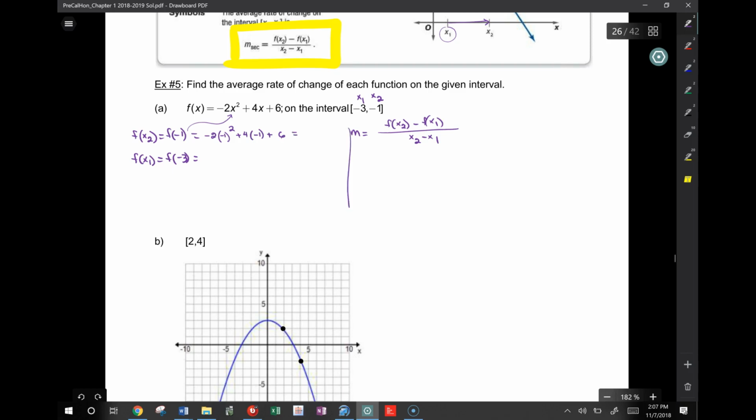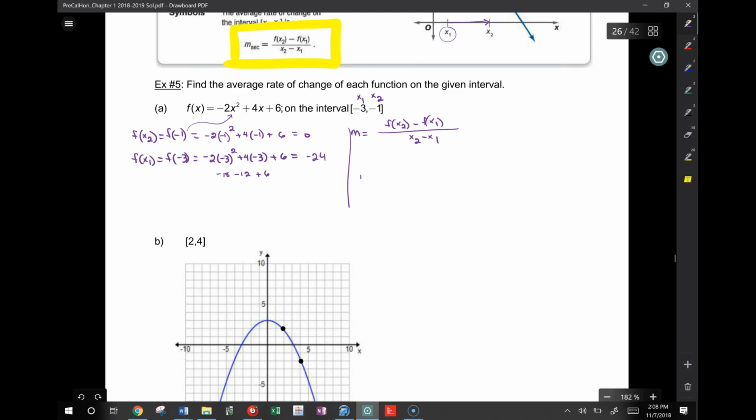So how much? Somebody, anybody? 0. All right, what about here? 9 times 2, negative 18, minus 12, plus 6, negative 24.